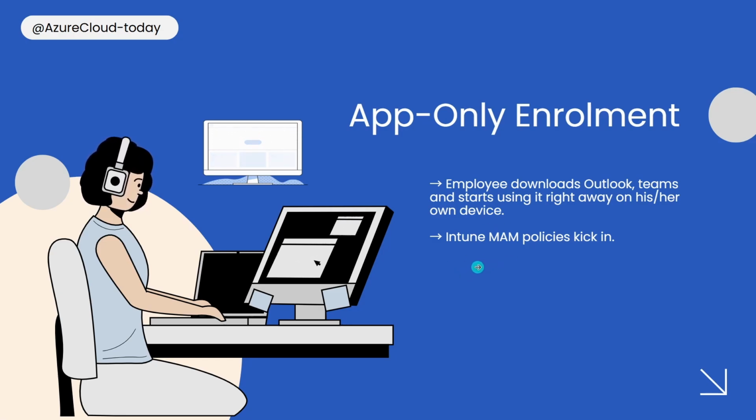If MDM itself is not there, then there is no point of device management at all. Not a lot of organizations honestly follow this, as per my knowledge. Generally, what companies prefer is both MDM and MAM on the same device at the same time, just to enhance security.